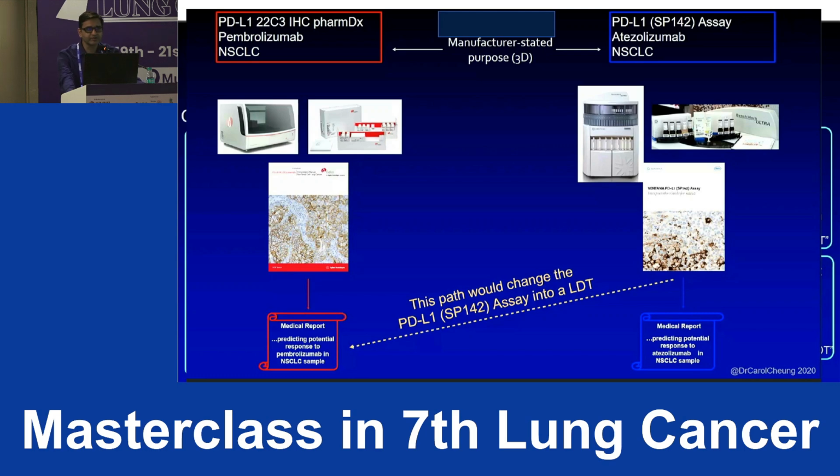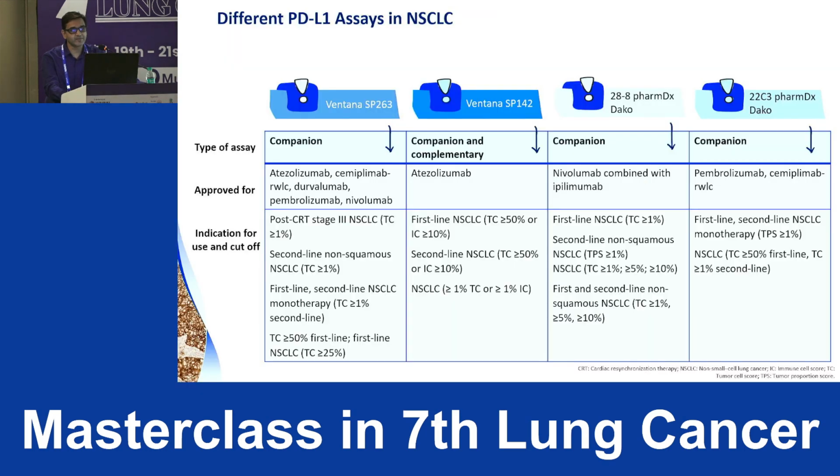Just to give an example, 22C3 by DAKO, if you are using it for treatment with pembrolizumab using the DAKO platform, it is a companion diagnostic. At the same time, if PD-L1 SP142 is used for atezolizumab, this is also a companion diagnostic. But if we want to use these assays interchangeably, then it becomes a lab-developed test.